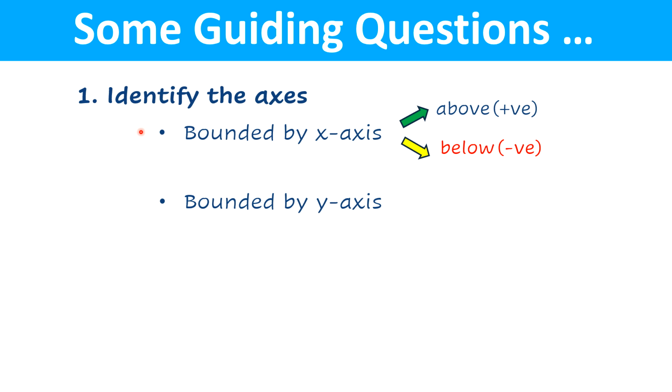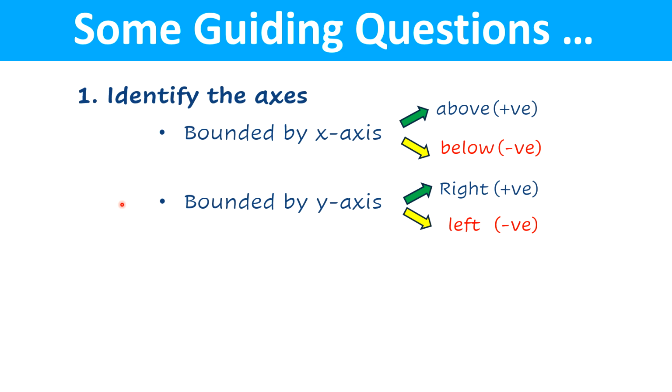If it is bounded by the y-axis, we go through the next layer. Is it on the right-hand side of the y-axis or on the left-hand side? If it is on the right, the value will be positive. If it is on the left, the value will be negative and the absolute sign will be required.